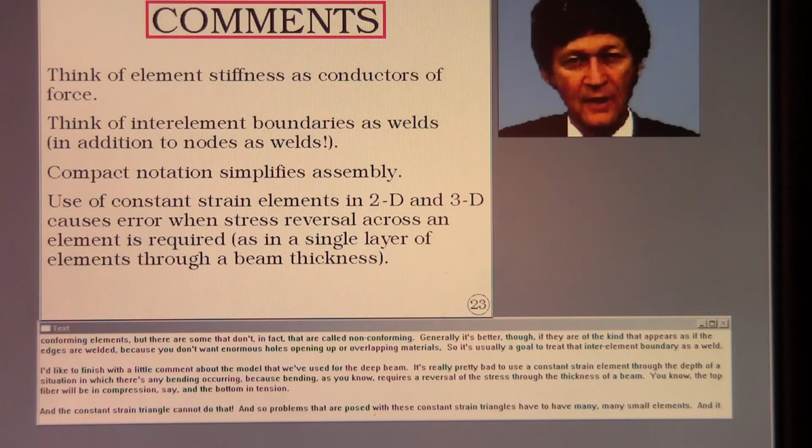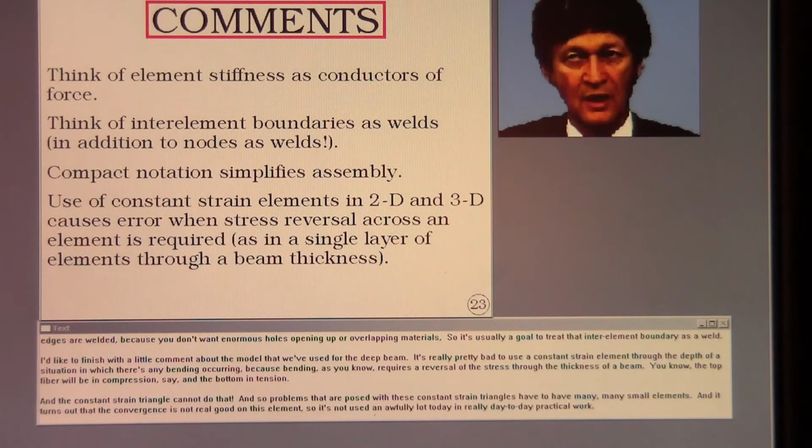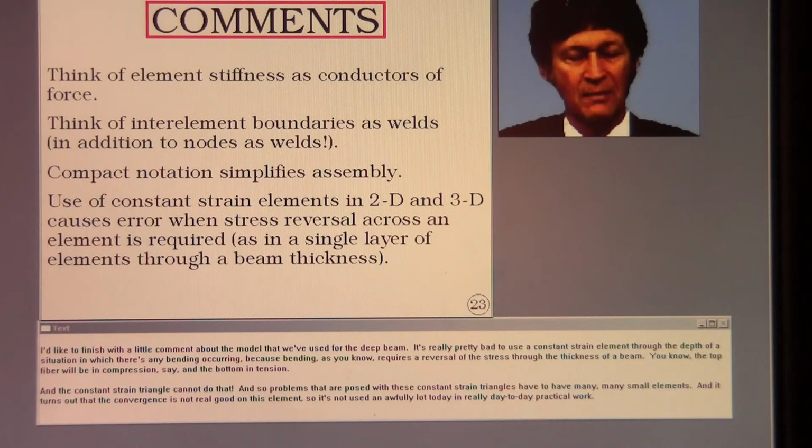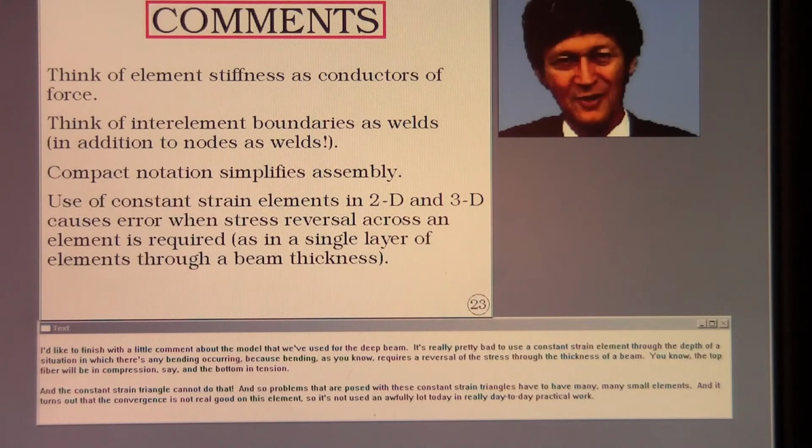I'd like to finish with a little comment about the model that we've used for the deep beam. It's really pretty bad to use a constant strain element through the depth of a situation in which there's any bending occurring, because bending, you know, requires a reversal of a stress through the thickness of a beam.